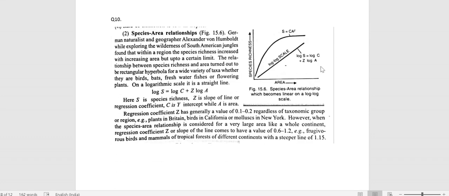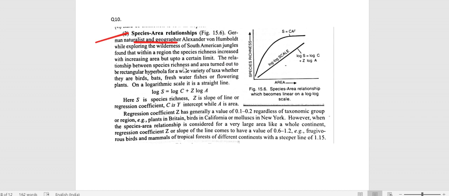Here, this diagram is mainly indicating the species area relationship. German naturalist and geographer Alexander von Humboldt, while exploring the wilderness of South American jungles, found that within a region the species richness increased with increasing area, but up to a certain limit.